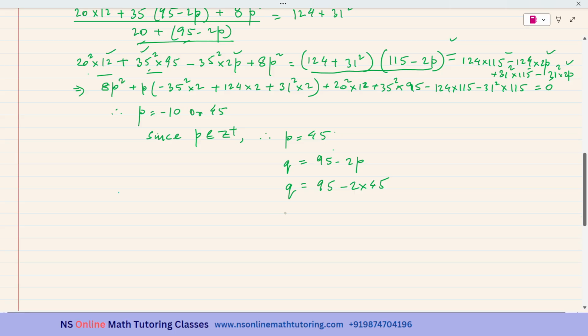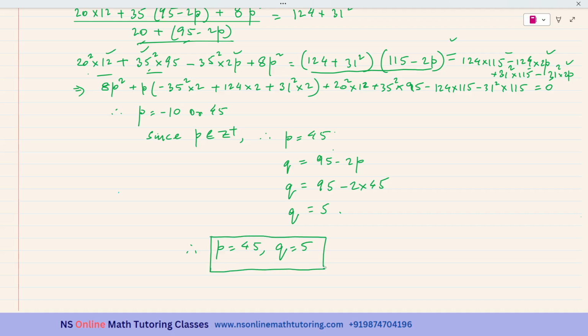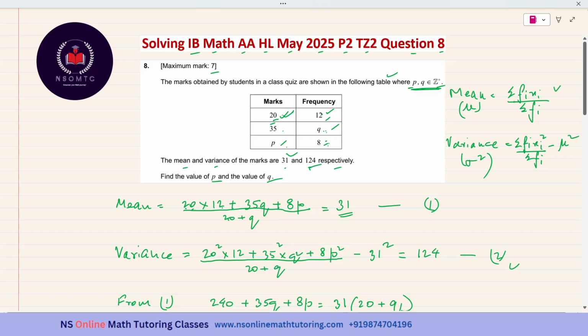So, 95 minus 90 is 5. So, equal to 5. So, therefore, P is equal to 45. Q is equal to 5. Okay. So, we have solved this question completely.